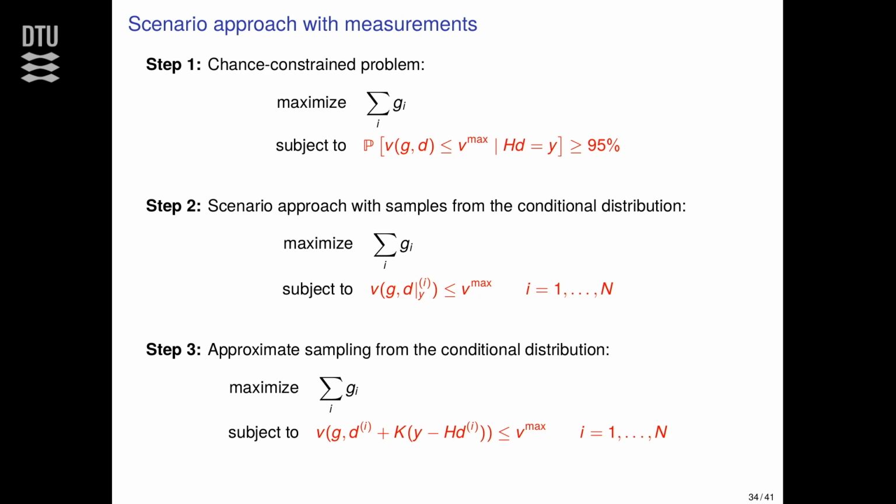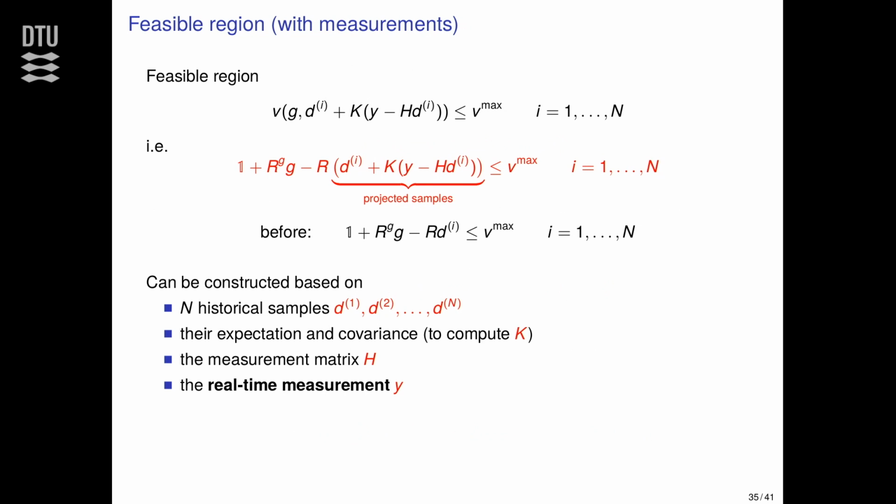Let me give you just a quick comment on one implementation aspect that you don't see in your code. It doesn't really matter, but it's good to know. Remember, we have just replaced the demand with these projected samples. Before we had the DI, and now we have this transformation of the DIs.